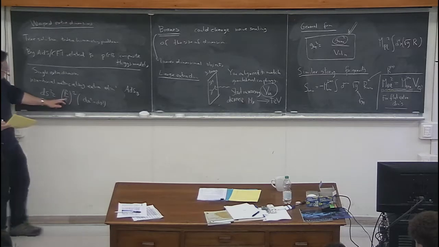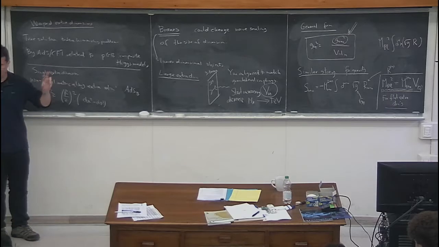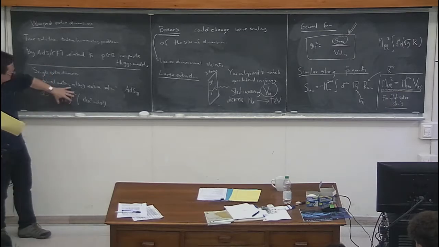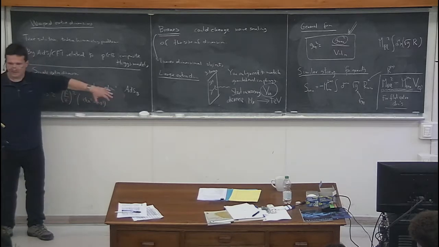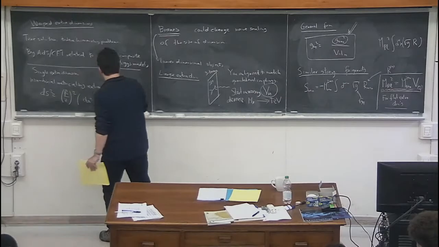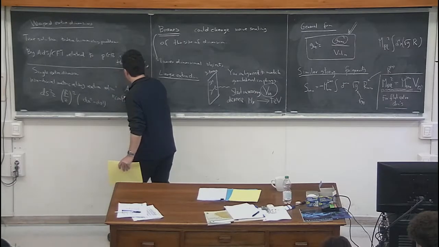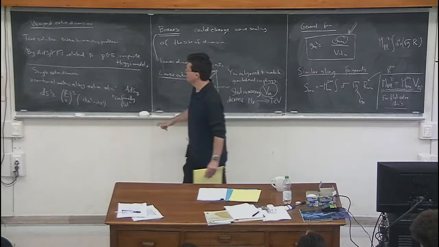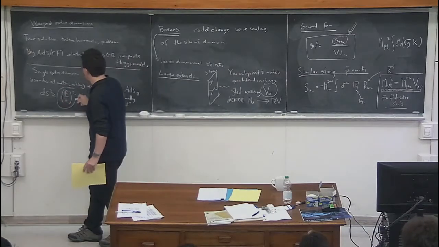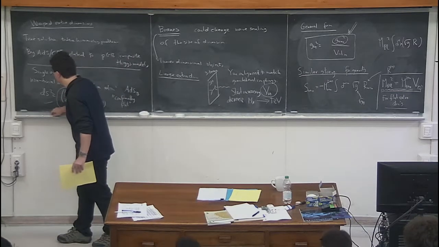This one is called the conformally flat metric, meaning that there is an overall warp factor, and up to that overall prefactor, it's a flat metric. This term here is called the warp factor.